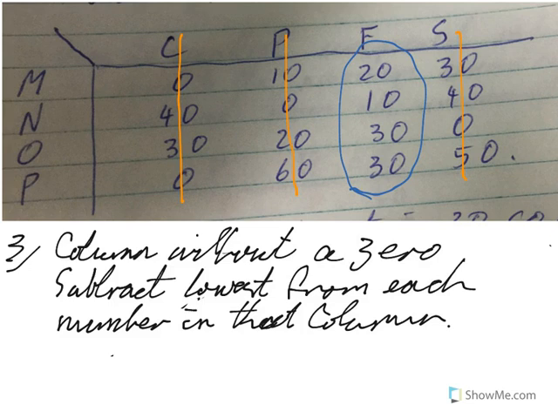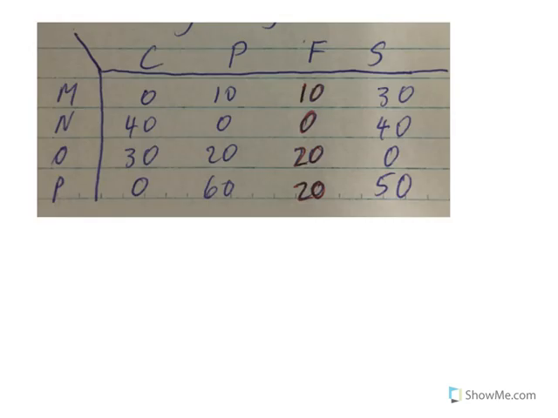All right. So what we're going to do is in this column here, because 10 is the lowest, we're going to take 10 from everything. All right. So when we've taken 10 from everything, this is what we end up with.